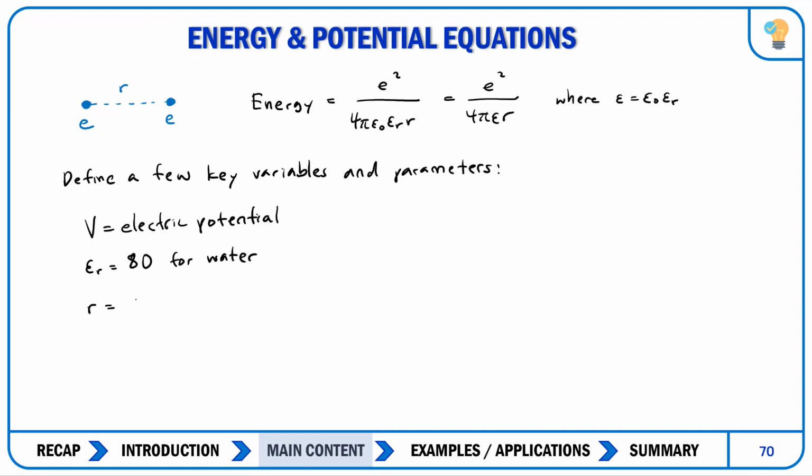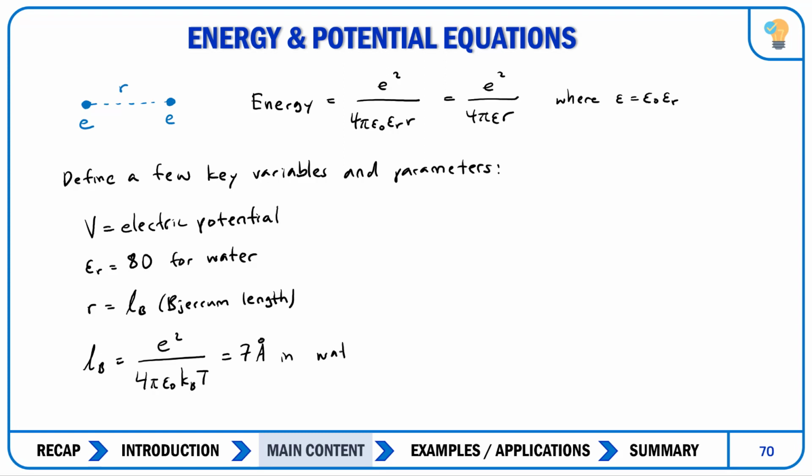And we have r being equal to Lb, which is the Bjerrum length. We also know from our previous studies that Lb is equal to e squared over 4 pi epsilon naught kBT, and from our assignments that was 7 angstrom in water at room temperature.